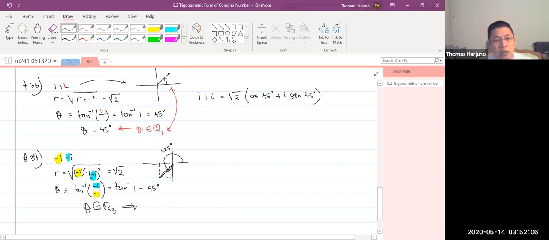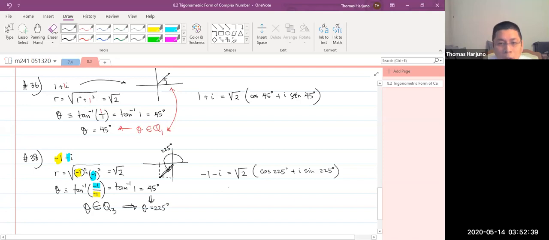So with the adjustment, what will my theta be? That will be 225 degrees. I add 180 degrees. So negative 1 minus i equals square root of 2 cosine 225 degrees plus i sine 225 degrees.